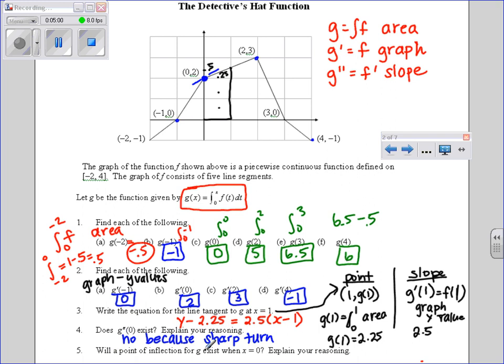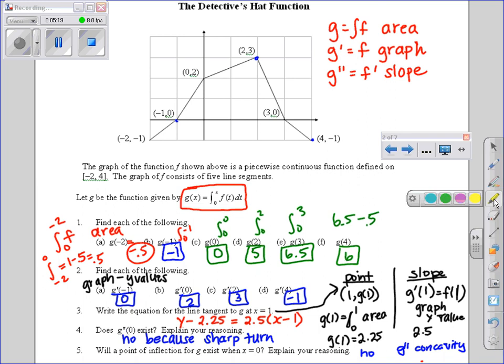Will a point of inflection exist at x equals 0? The answer is no, because we look at g double prime to see concavity, and that tells us about a point of inflection. A point of inflection is where concavity changes. G double prime is the slope. And if we notice, the slopes of all of these lines are positive, positive, positive, positive.